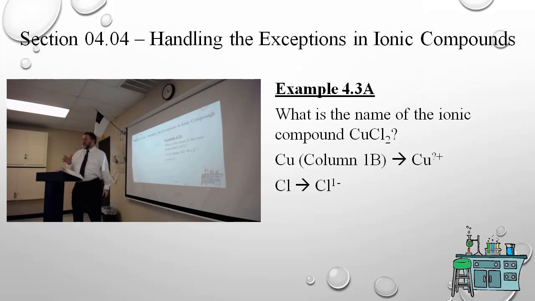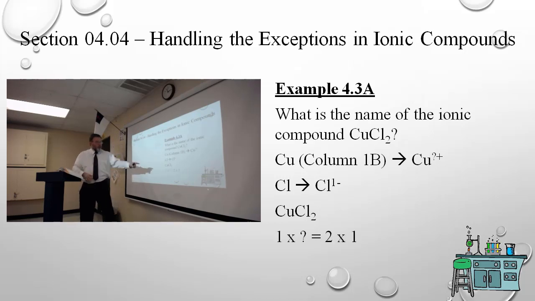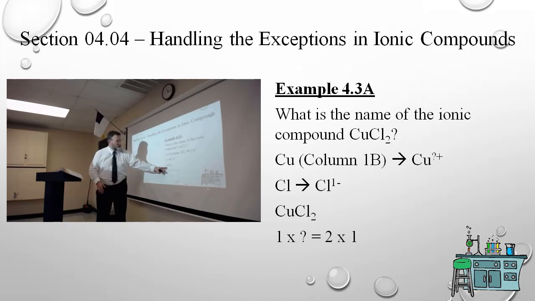Now, I was told that it's 1 copper and 2 chlorines, right? Well, let me do the math. I haven't taught this in years past, but this is why I've set you up with this. Look, 1 copper times what's its charge? I don't know.